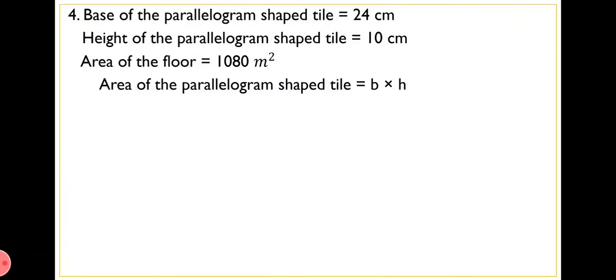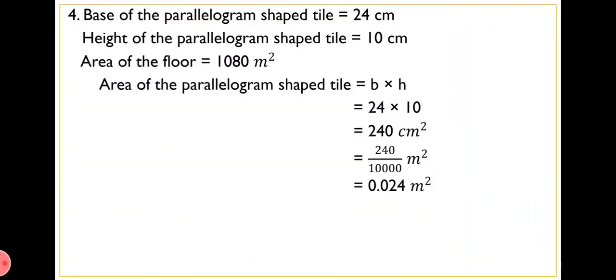We know the formula to find the area of a parallelogram is base into height, that is equal to 24 into 10 centimeter, that is equal to 240 centimeter square. Now this centimeter we have to convert into meter because the area of the floor is given in meter. That is equal to 240 upon 10,000 meter square, that is equal to 0.024 meter square.